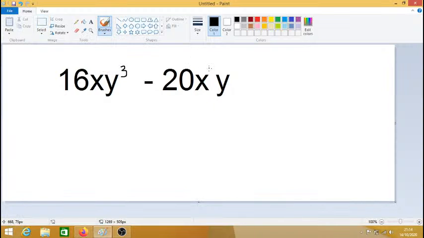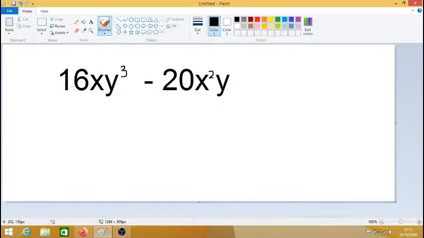When you're doing this, you don't have to write as much as I'm writing. You should hopefully be able to just do it, most of it in your head. But the only reason I'm just breaking it out is so you can understand it if you haven't seen it for a while. So here you're looking at 16xy cubed, you're looking at 20x squared y, and you're thinking, what factor can make both? And you're trying to go for the biggest one. So think about it. What factor can make both?